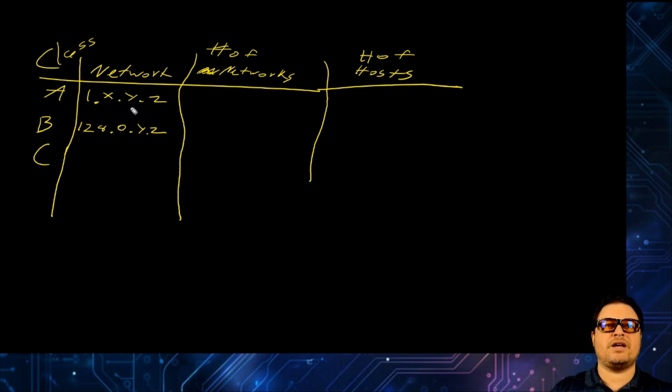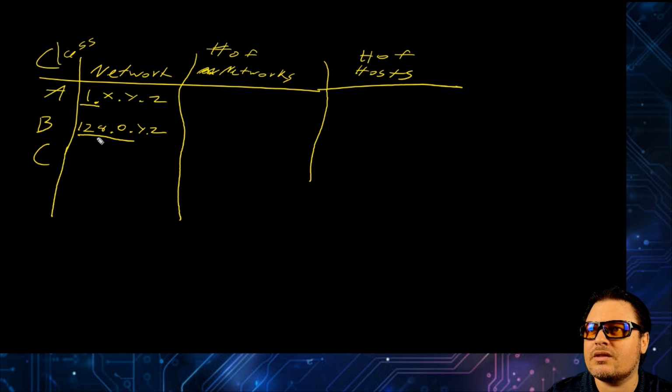So your class A, you're using only your first octet. Your class B, you're using 2 octets. Now, your A starts at 1, but it can go all the way to 127. You know what? Class C is 192.